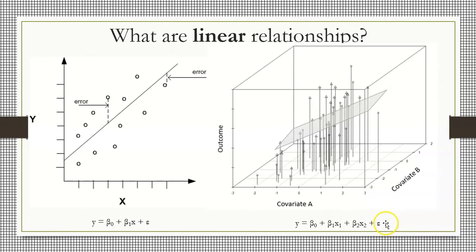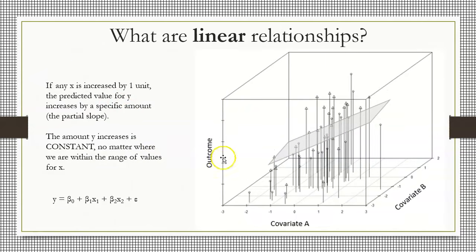And if we go into even higher order space, we'll just have another plus beta times x, however many we want. We can do however many we want to include in there. Now this is assuming we don't have something called interactions. Interactions will not be covered in this particular video, and that's where things get just a little bit more complex than this.